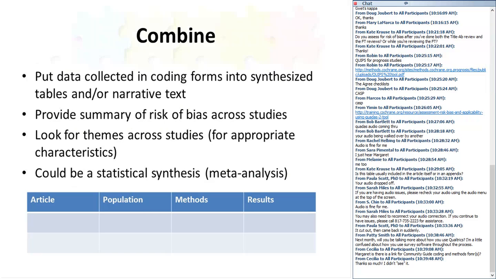Sometimes it's not really straightforward as to what tables would look best. We've all seen those reviews where they have one table that might take up like 8 pages with all of the population and things like that. And those tables are important because we do need to know all the relevant information about the studies.